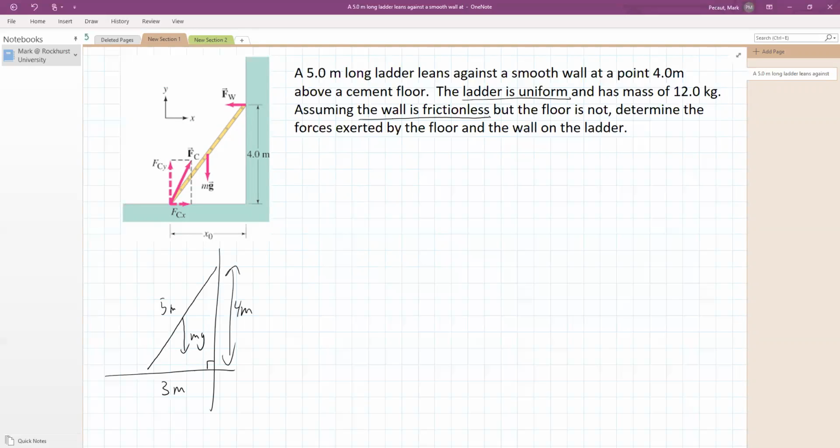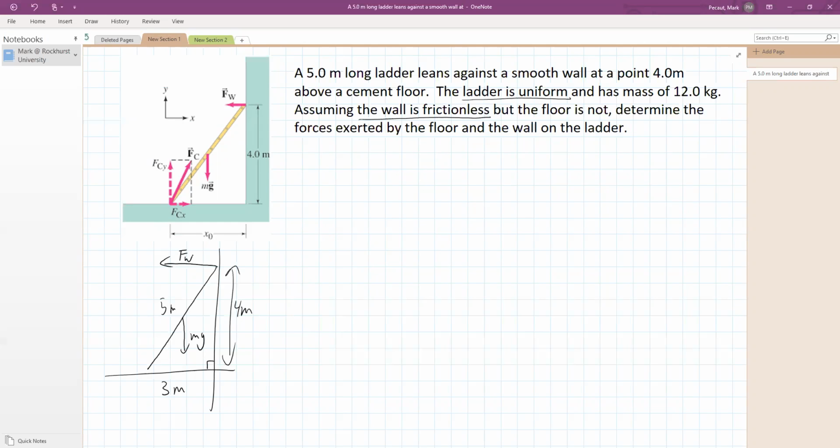There's friction, which is parallel to the surface, and then there's the normal force, and normal means perpendicular. So that one is perpendicular to the surface. Saying it's frictionless means there's no force on the ladder parallel to the surface, so the only force on the ladder is going to be perpendicular to the surface, so it's going to point like that. So that is the force from the wall on the ladder. They use FW here.